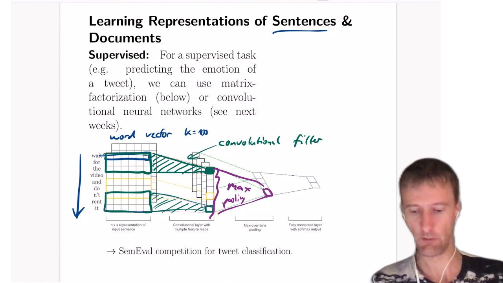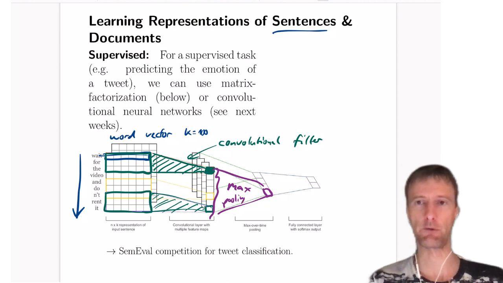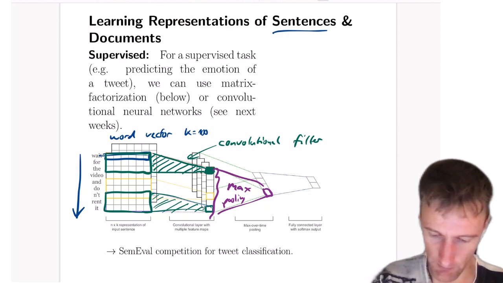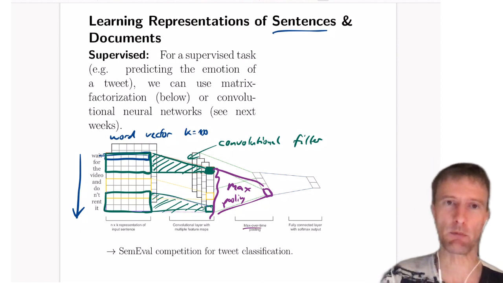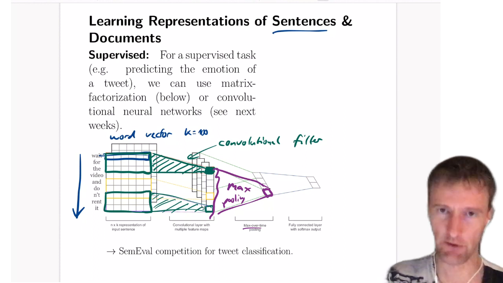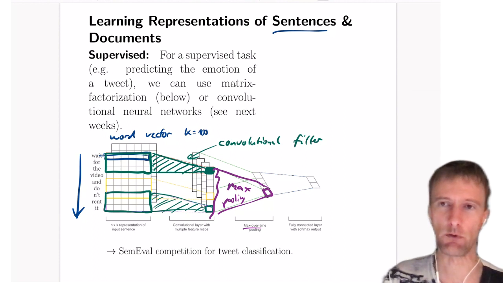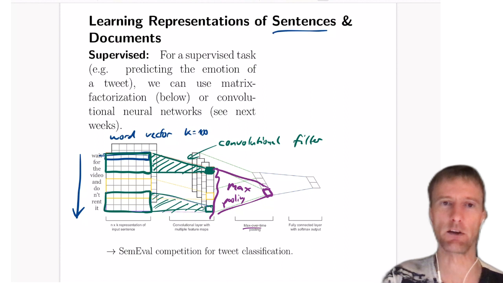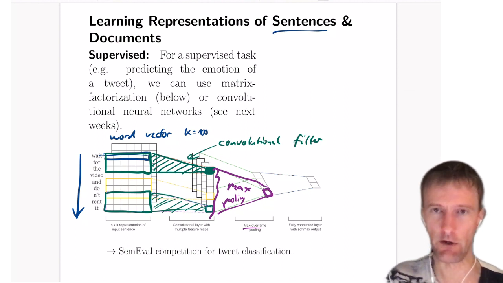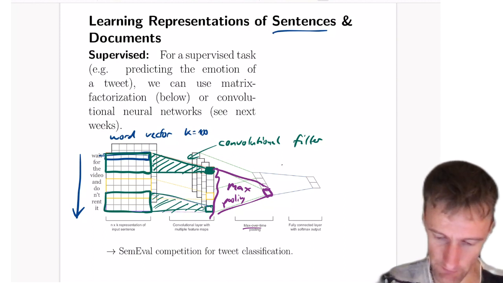So I take the maximum over all these entries. That's max pooling. You can take the average if you want. That's called average pooling. But maybe the maximum is a bit nicer, because it just means that there is one thing it should pay attention to, and it tries to find that, and then you can say that thing is taking care of that, and if it's there or not, that's your feature. So now you have a fixed length representation.